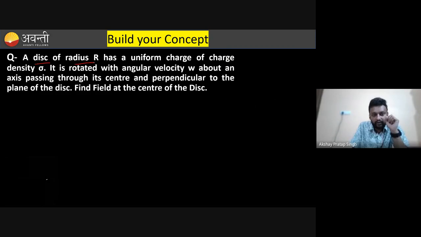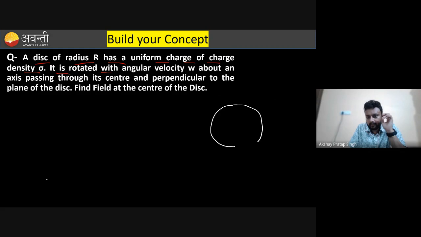There is a disk of radius r with a uniform charge density sigma. It is rotated. Now, first of all, draw the disk. This is the disk.